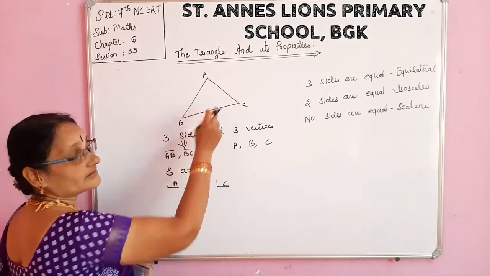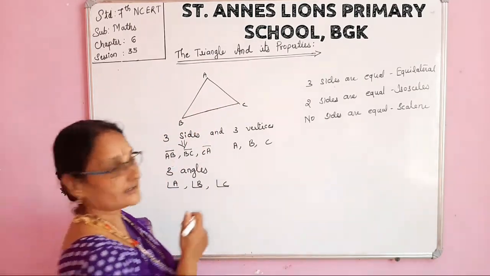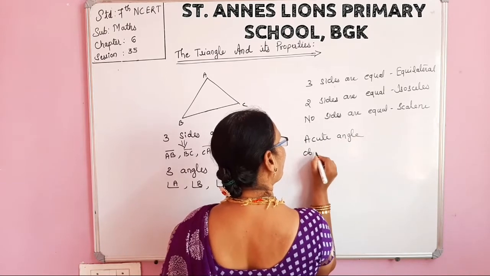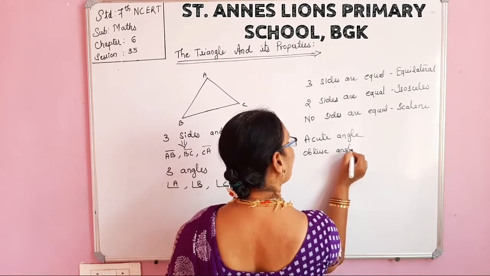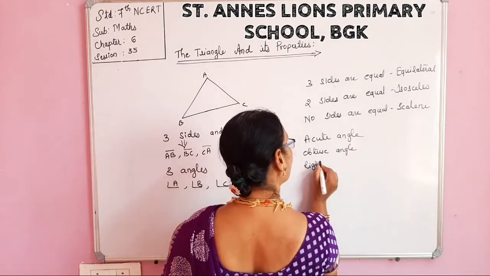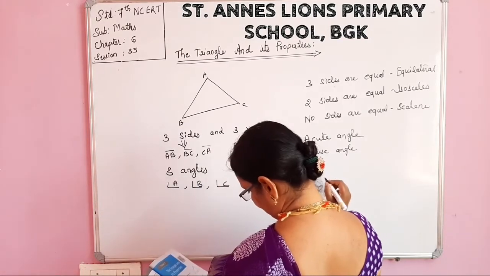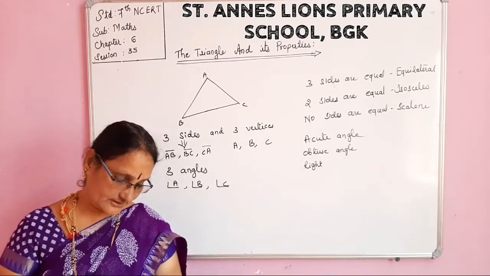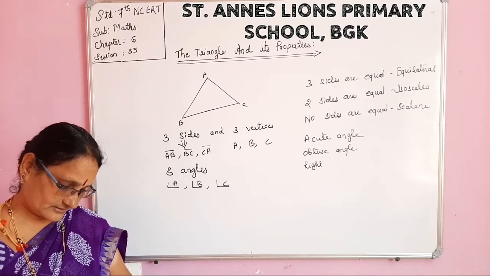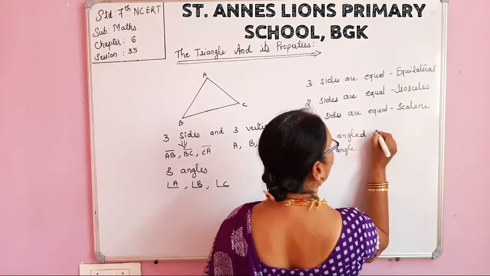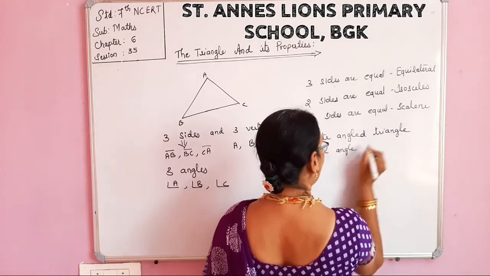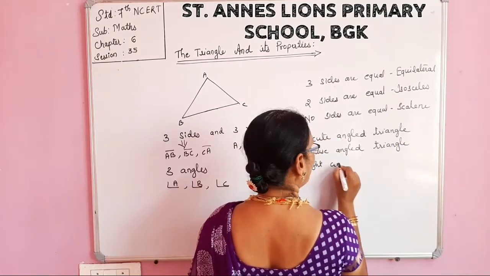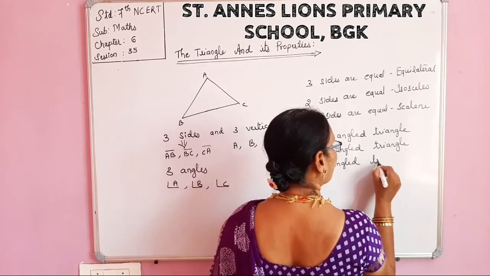On the basis of the measurement of the angles, the triangles are acute angled triangle, obtuse angled triangle, and right angled triangle.